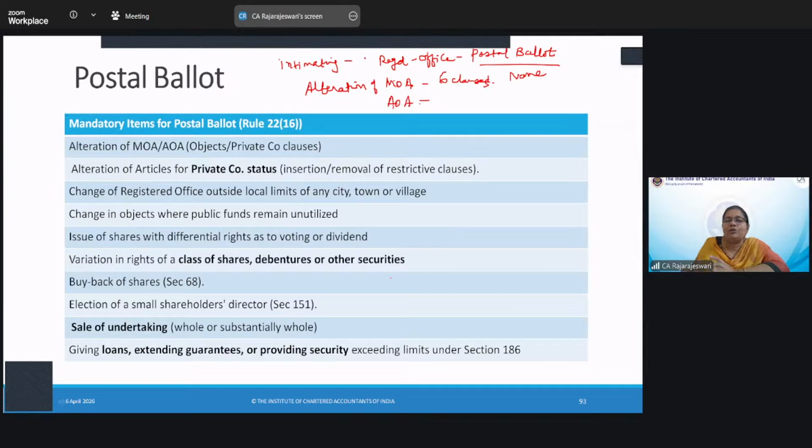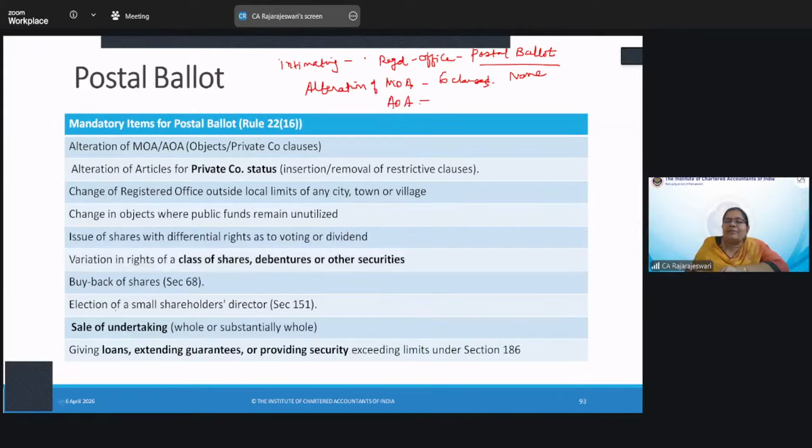Now I want to do a mobile business, so I want to change it to ABC Mobiles. My object gets changed, so the object change results in a change of the name of the company also in certain cases. Indirectly, the name of the company will also get changed.